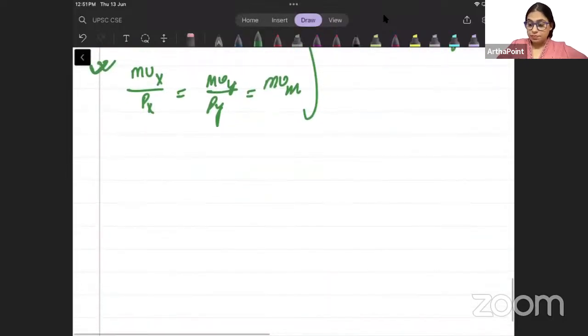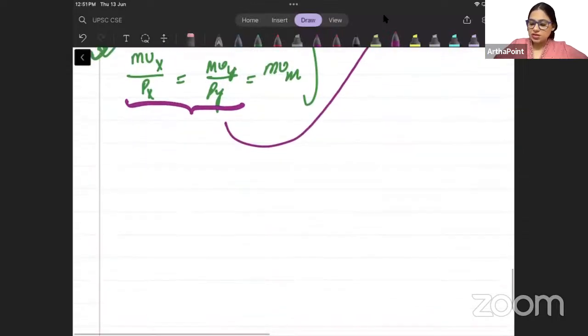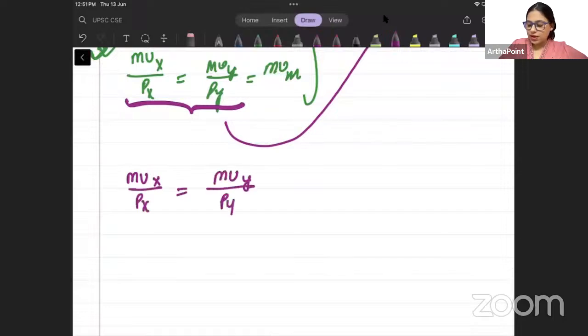By the way, it is very interesting to see that this part actually leads you to this part. Look carefully. If I have MUX by PX equal to MUY by PY, can't I just rewrite this as MUX by MUY is equal to PX by PY?